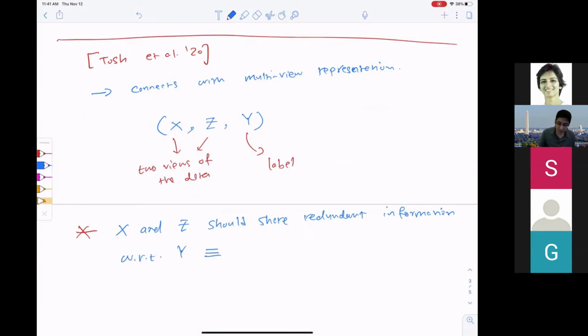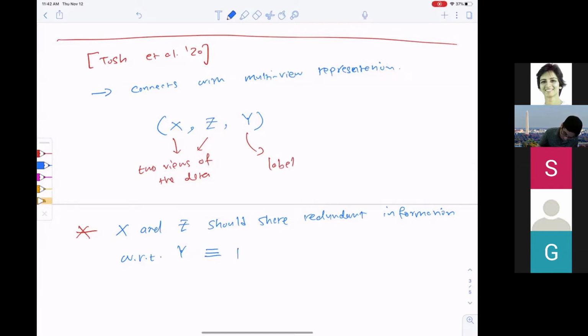In other words, if I predict Y from just X or just Z, it should be as good as predicting Y from both of them. So X and Z, roughly speaking, have the same information content with respect to the label. And that's realistic, especially if you're looking at an augmented version of one image to another, they represent the same image with respect to the label.